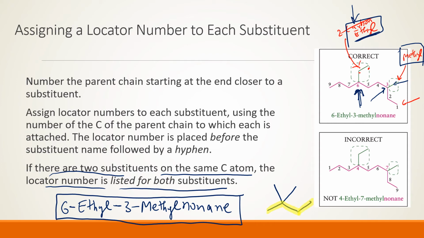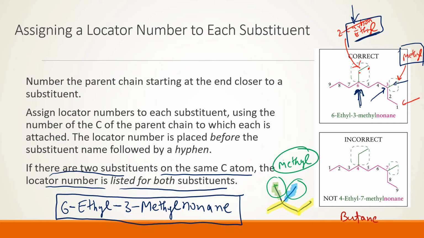Our parent chain is a 4 carbon long chain, and we have two substituents, and both of these substituents are located at the same carbon. Both of these substituents contain only one carbon, so both of them are methyl groups. Now our parent chain is a 4 carbon long chain, so this will be butane.